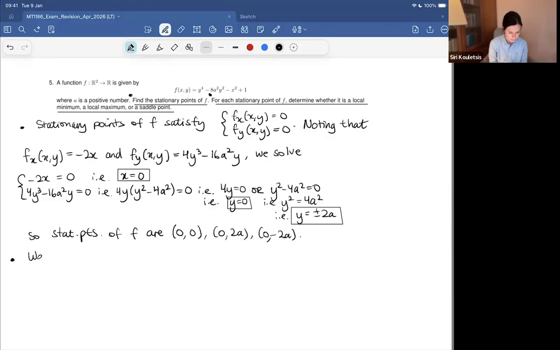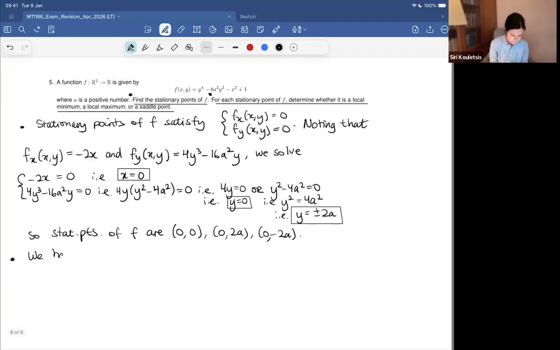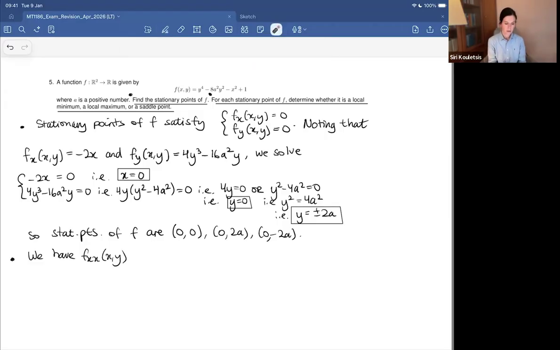And then to classify these, we find the second order partial derivatives. So take fx, differentiate again with respect to x. That gives us minus 2. Take fy and now differentiate with respect to y again.